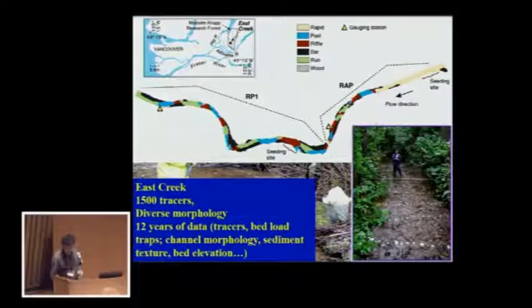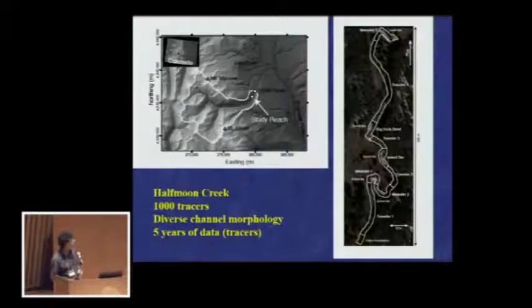The second case study that I will use here briefly is the Halfmoon Creek, and again another case study with about 1,000 tracers. It's an ongoing study, with diverse channel morphology. As you can see, it starts from what Nate called a transfer reach into a meandering channel with bars and so on, into another transfer reach and so on.